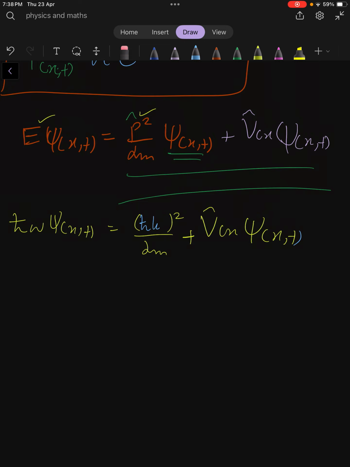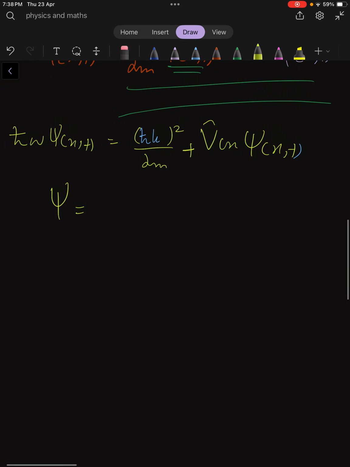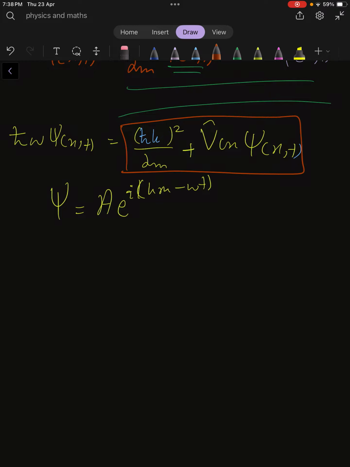So what we can do is, we remember the equation over here at the top, and we differentiate it. For the right side, it's position dependent, and the left side is time dependent.